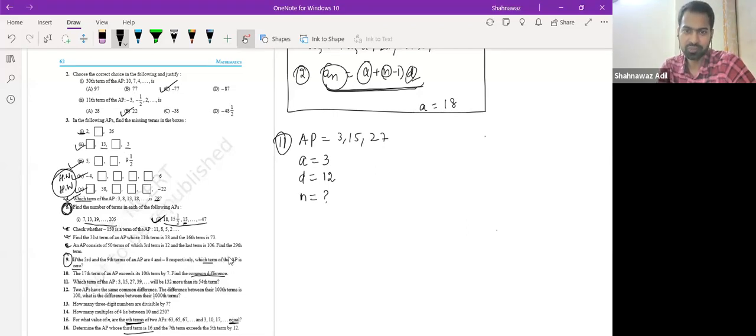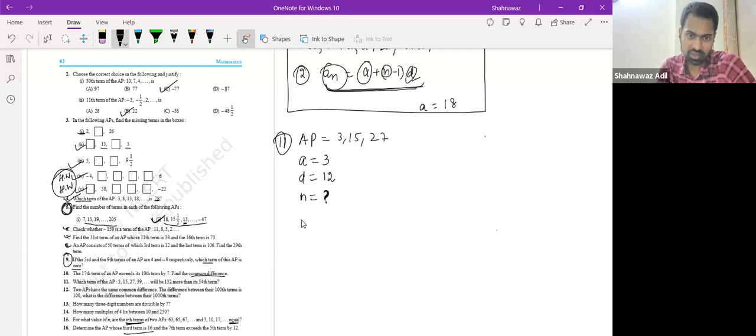So they want us to calculate which term, meaning what number of term.